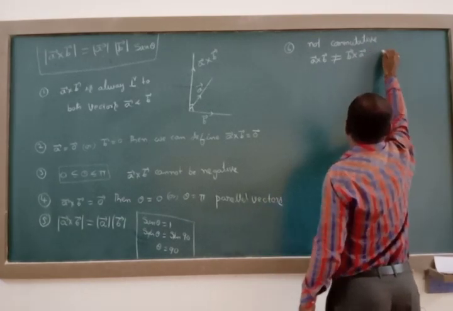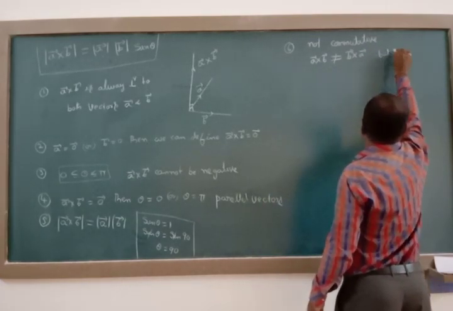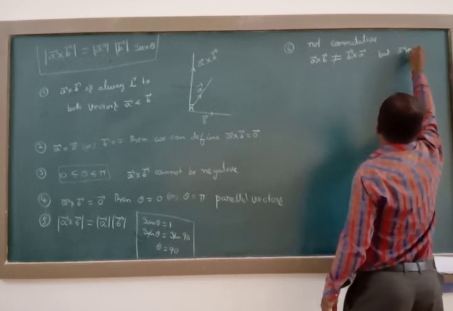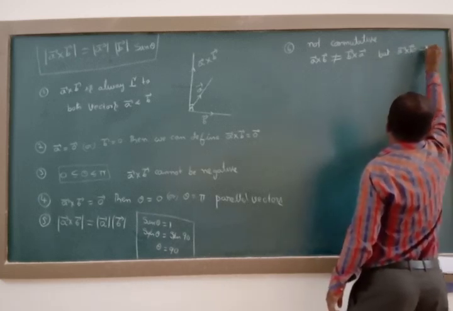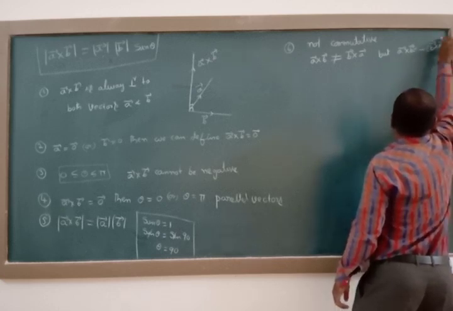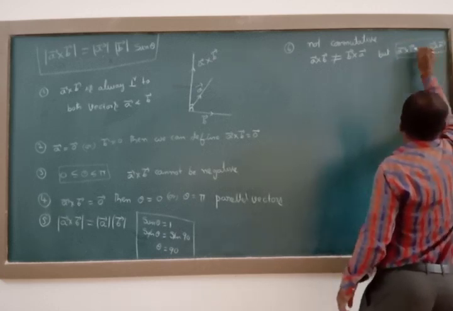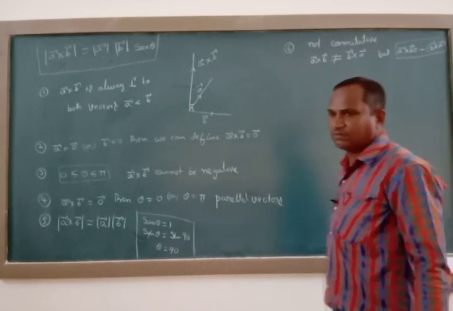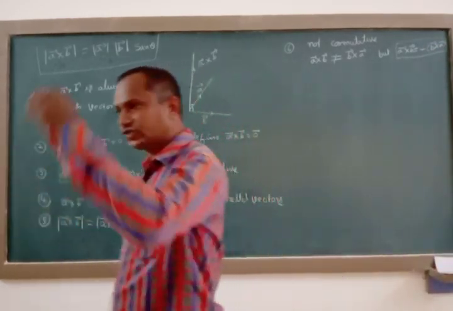But we can write like this: A bar cross B bar is equal to minus of B bar cross A bar. We can take the equal symbol whenever the equality holds. Whenever the sign changes, then those should be equal.